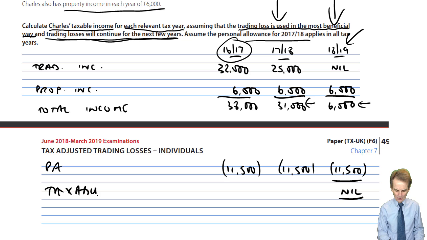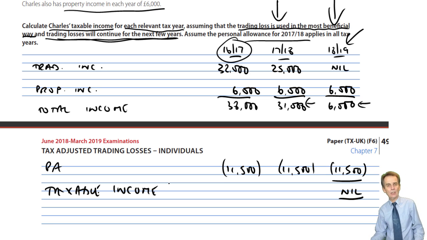So do you get the point? You are not going to make a claim against the total income of, on this occasion, the current tax year, when there's nothing, of course, that's going to be paid on it anyway. The personal allowance already covers that. So in which case, other than carry forward, the only other option is 31,000.